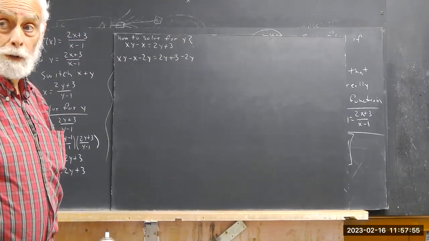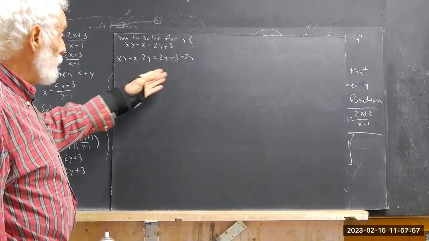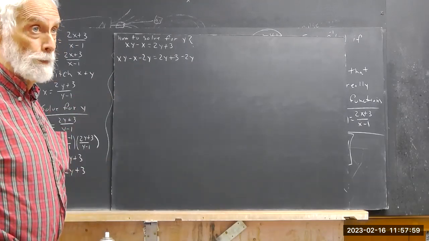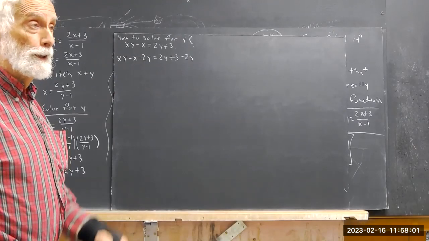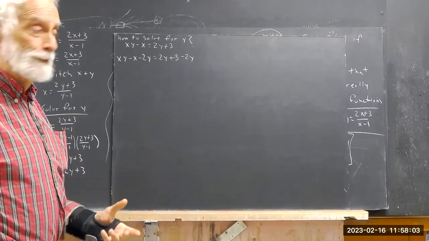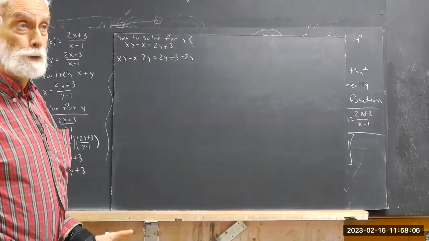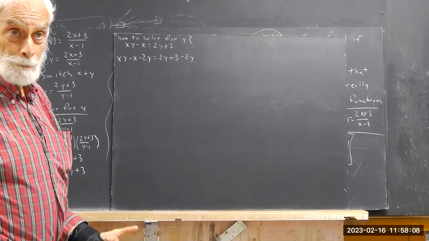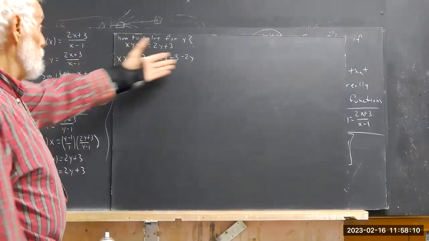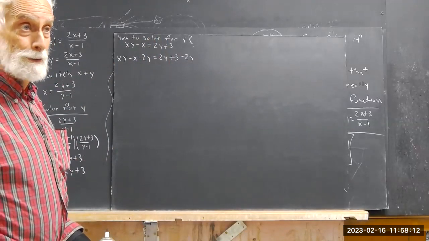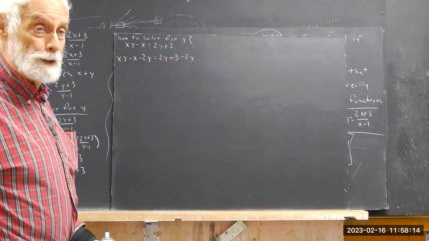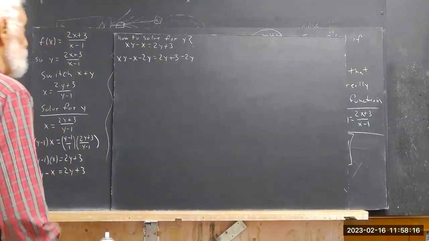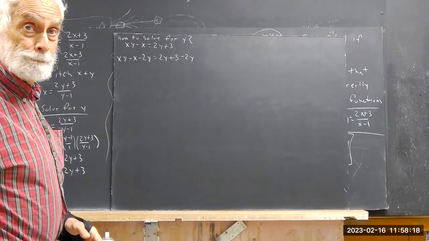I'm getting to where I really don't like the idea of writing the 2y down here and the 2y down here, because people will try to add a 2y to a 7 and get 9y. I've seen too much of that. That could still be done here, but it's a little less likely to happen. So I'm going to start writing things out this way.